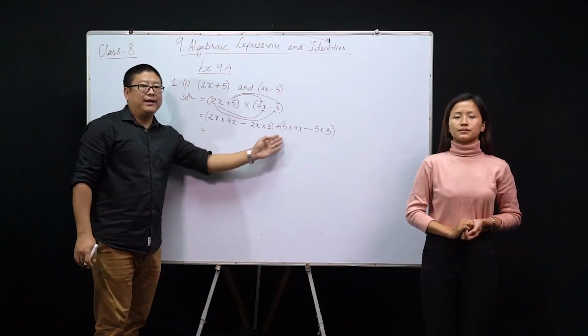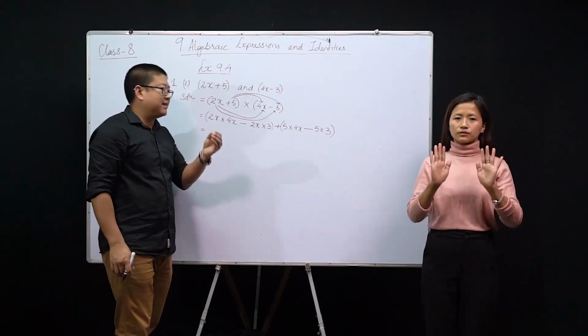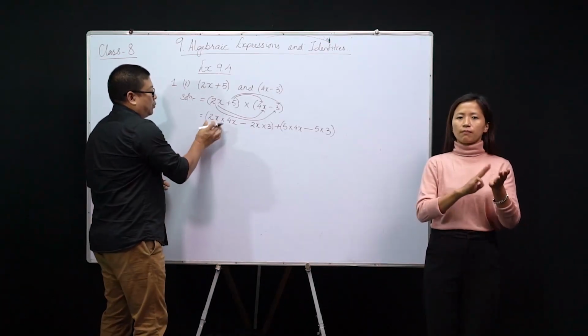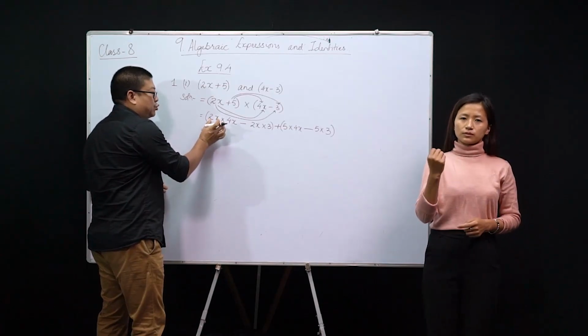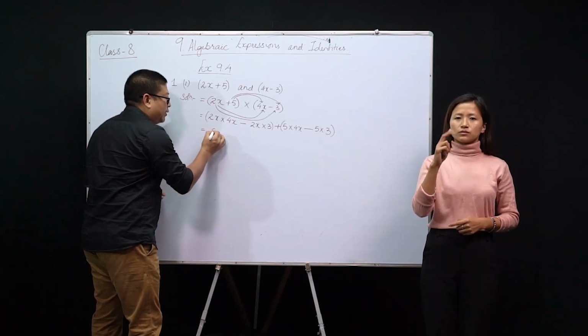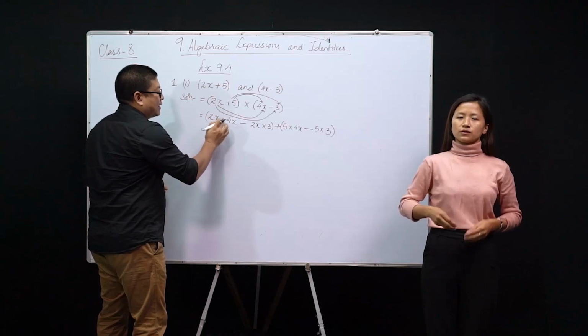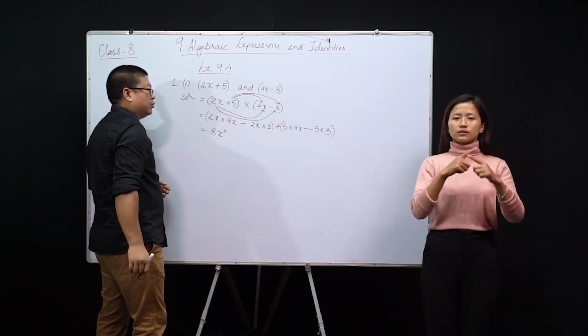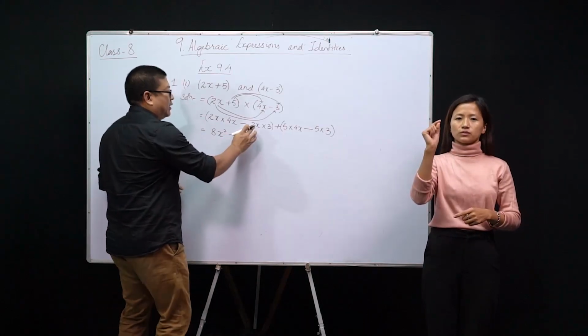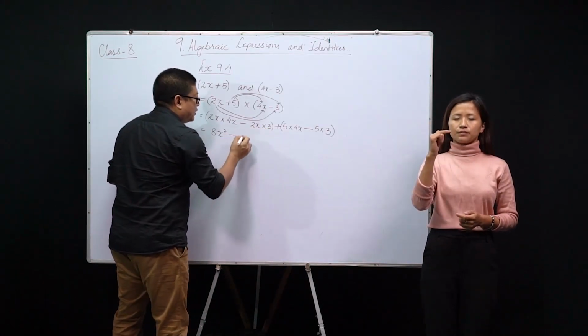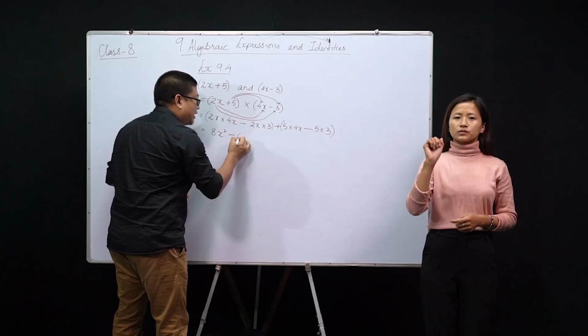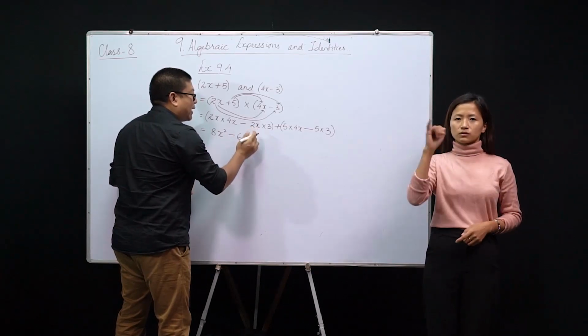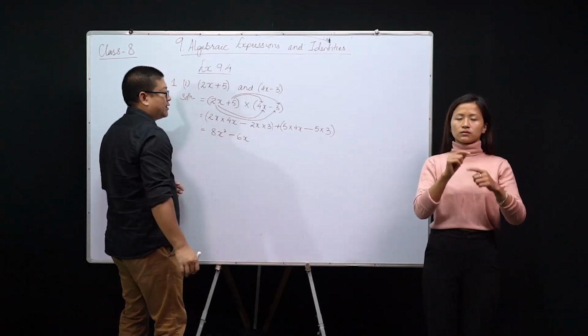Now, all these, we simply have to do a simple multiplication. So multiply the numbers first. 2 into 4 will give you 8. x into x, that is x to the power 2. Minus, multiply the numbers first. 2 into 3 will give you 6, and there's only one x, so minus 6x.